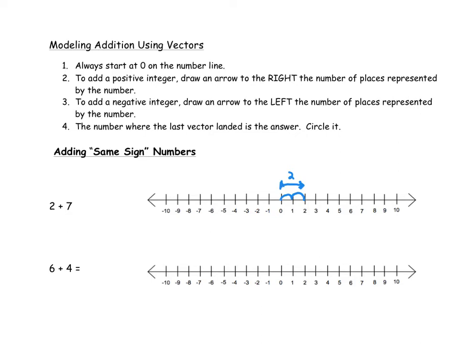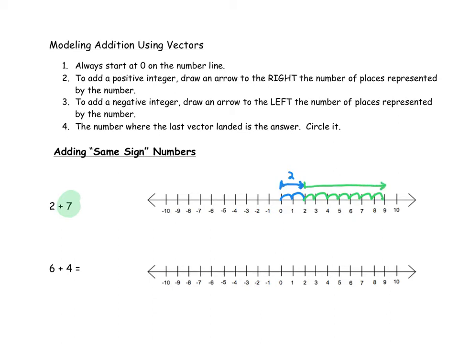Now we want to start right where we left off in order to do the second number. So we're going to start at 2, but we're trying to go 7 counts. So we're going to count 1, 2, 3, 4, 5, 6, 7. So I'm going to model the second vector until I end up where my number is.